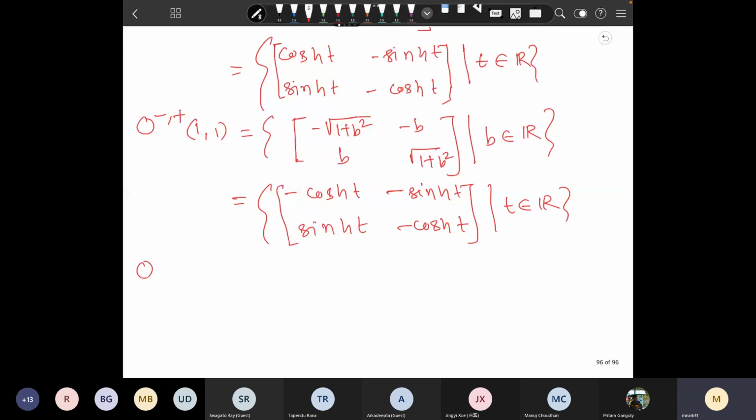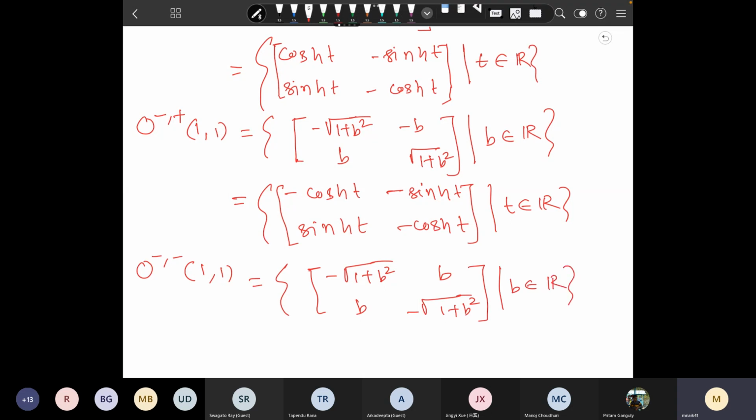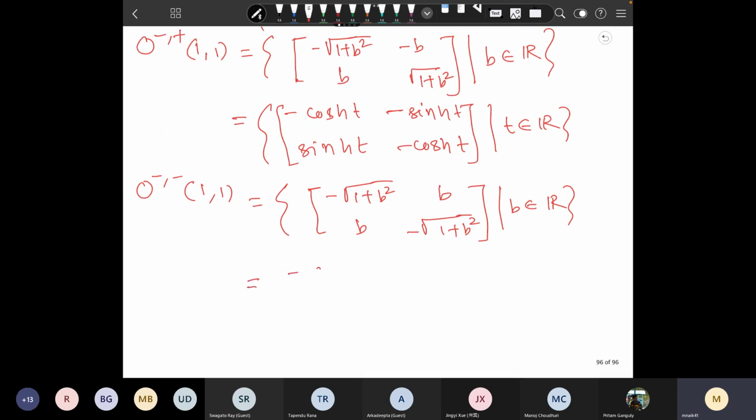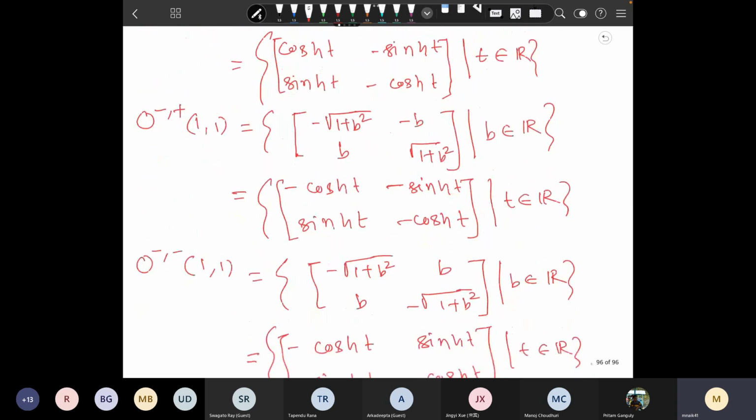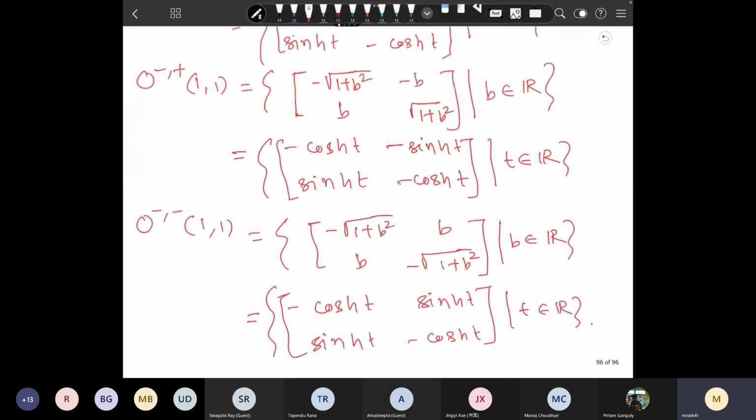So this is the last thing, O(1, -1). This is equal to b, so this is equal to that, t belongs to R. So this finishes the pseudo-orthogonal group part, and then you want to move to the other groups.